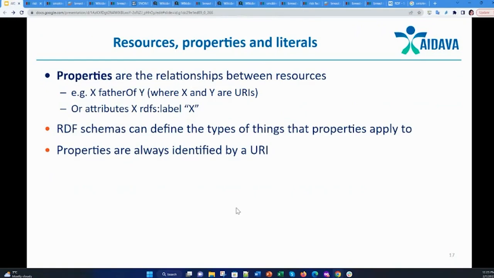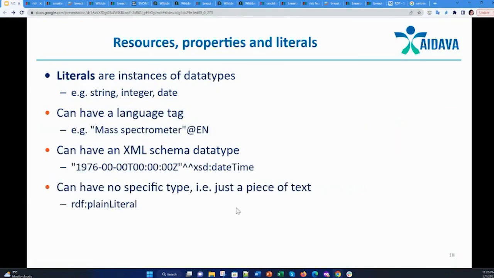Properties represent relations. They're always represented as URIs. And the subjects are also always represented by URIs. They are always concepts represented in our knowledge base. And the objects can be either resources or literals.